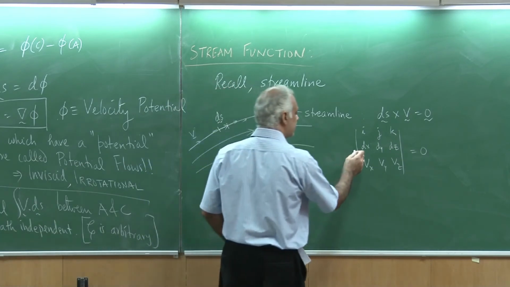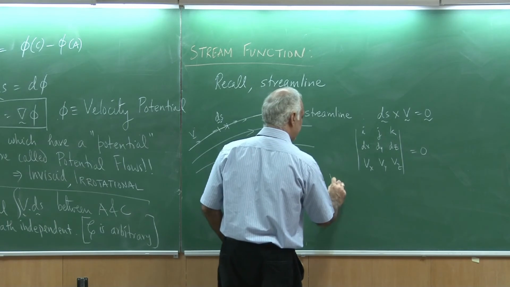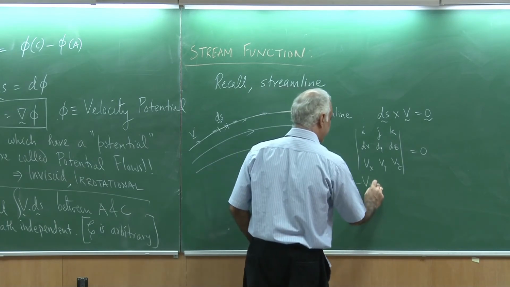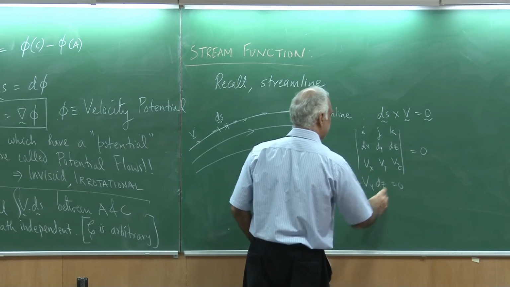So the equation of a streamline would be that vz dy minus vy dz is 0.